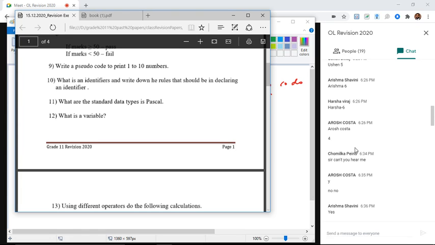Harsh, read that. Harsh, what is an identifier?